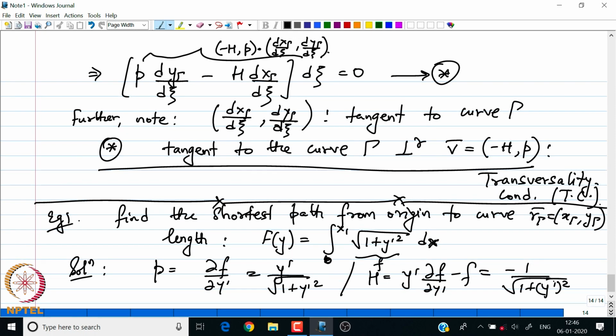My transversality condition, let us plug in. Well, I do not need to solve the Euler-Lagrange because I already know the extremal, which will be a straight line. I need to figure out the specific family of the straight line. So, I am going to directly use the endpoint criteria, which is now going to be the transversality condition, because one of the endpoints lies on the curve, right.